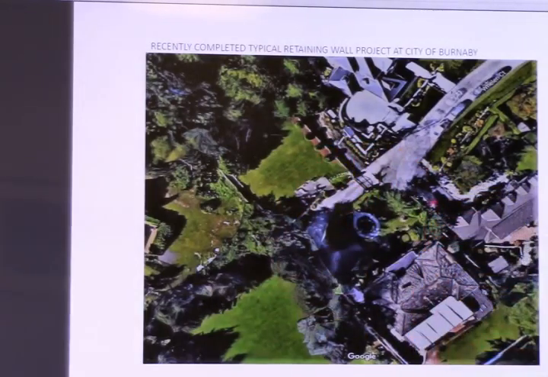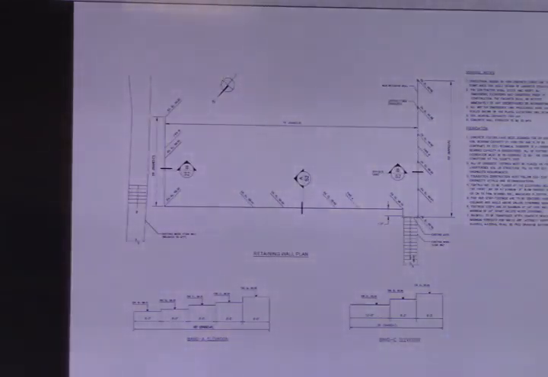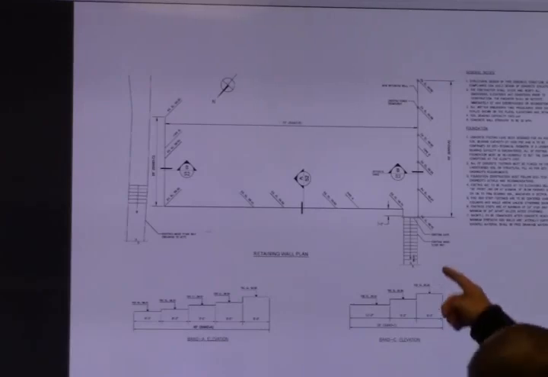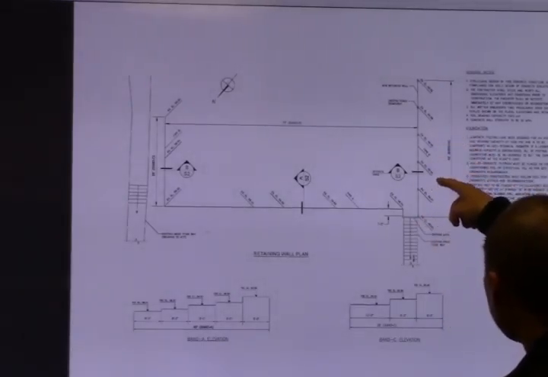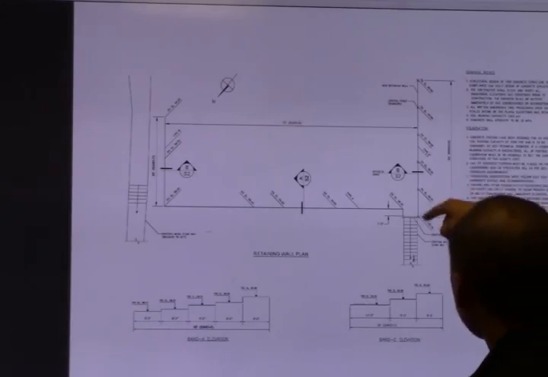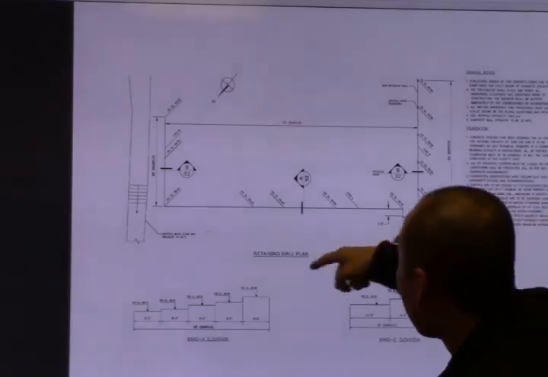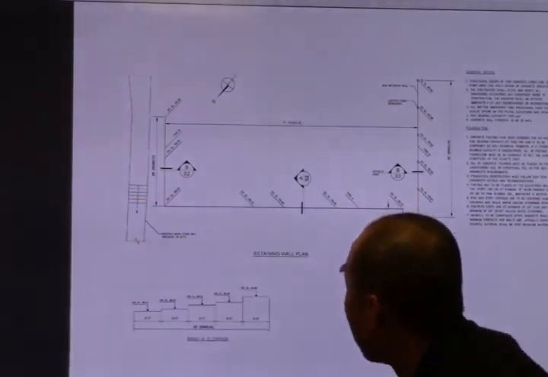This is just an example from before. This is the plan and elevation. This retaining wall is complicated because on this side there is the city property, so this side is an L shape, and this side is another property.